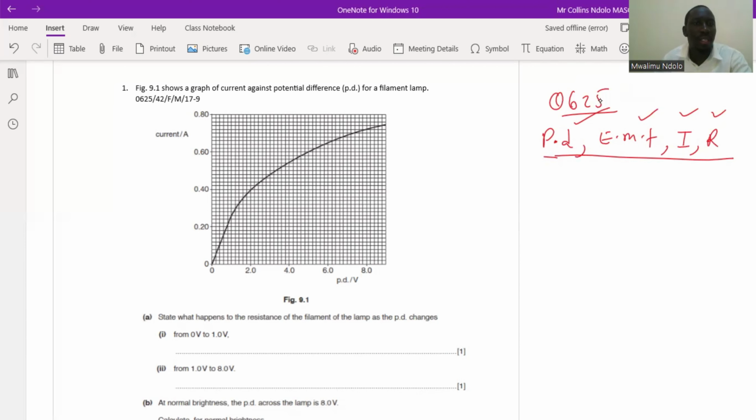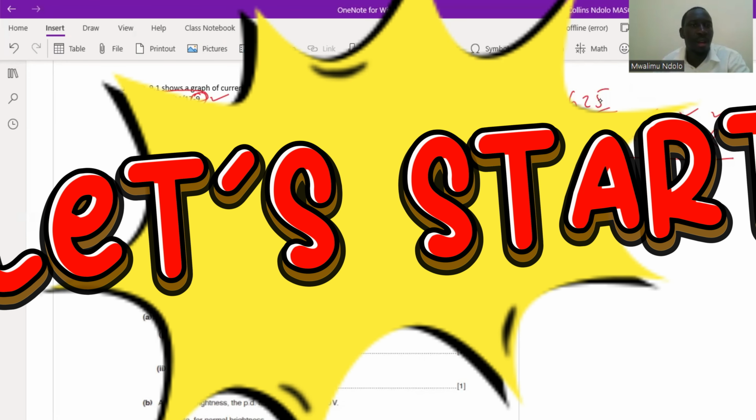Let's look at this. For every question, I highlight where I got the question and even the number. So this is 0625, variant 42, February, March 2017, question number 9. The end of the number there is the question number.